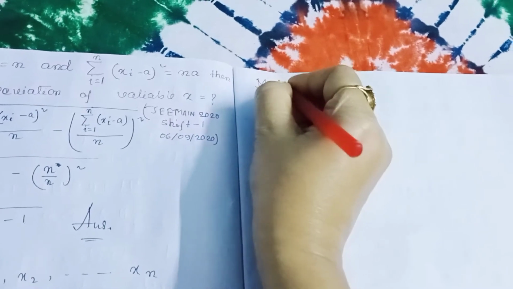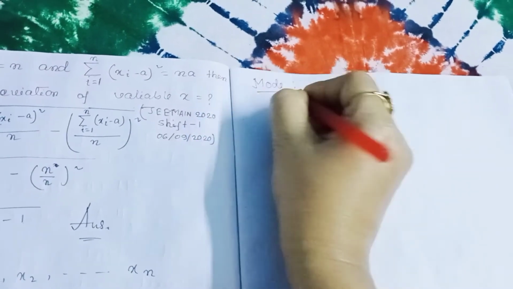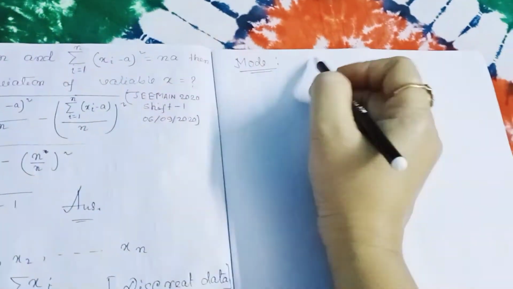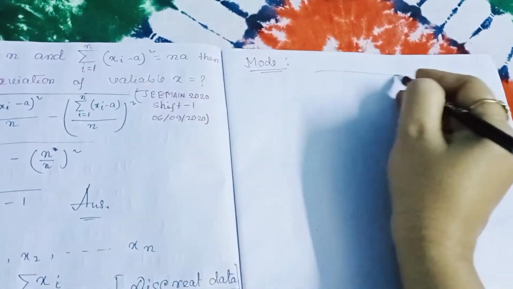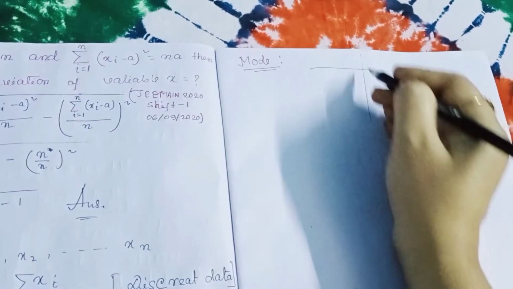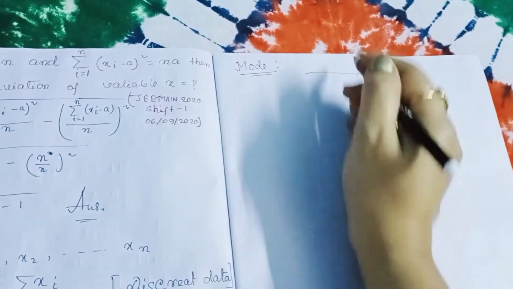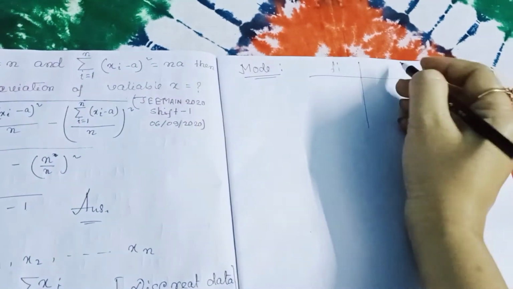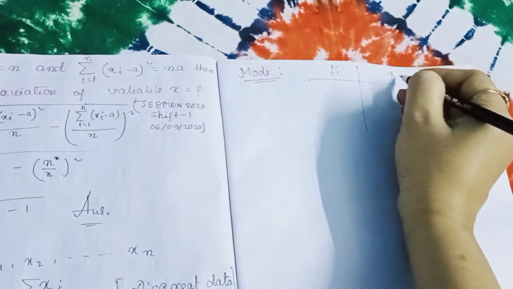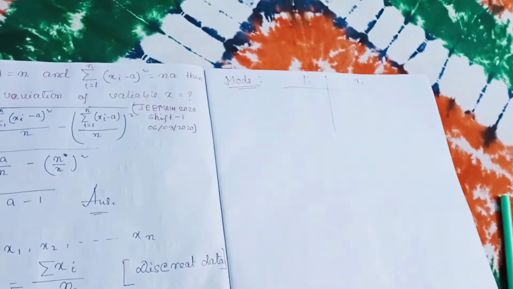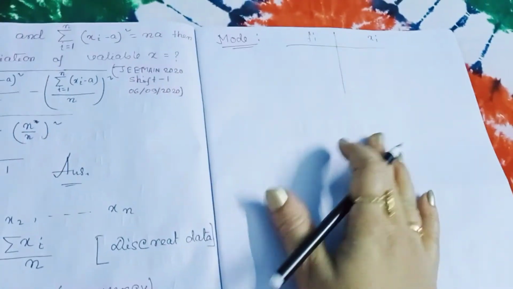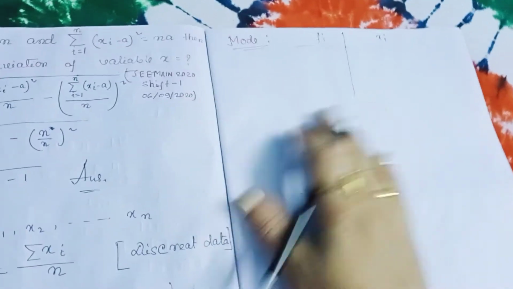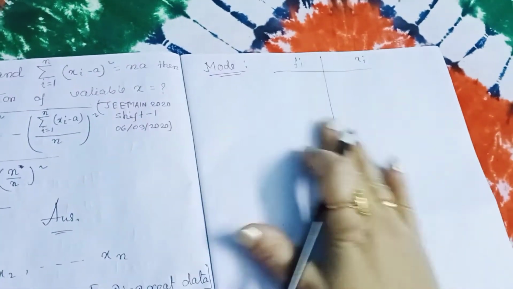Everybody knows mode: we form a table, and here are some frequencies, and here are some observations. This is called the mode table when we study it elaborately.